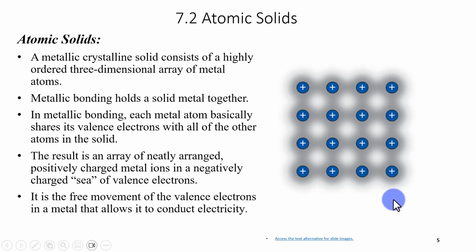This makes for very, very strong forces that hold the metal ions together, and therefore metals in general have very high melting points or boiling points because of these electrostatic attractions between individual ions of that particular metal.